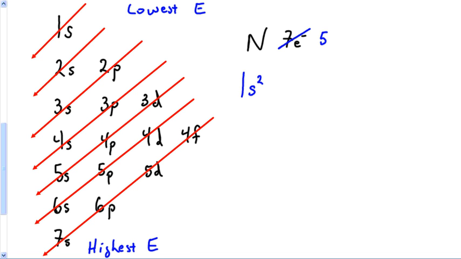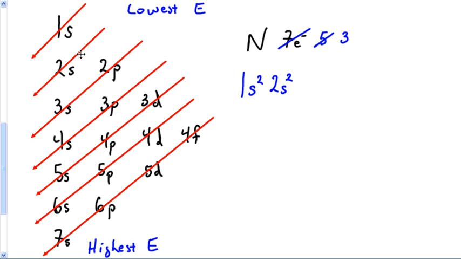After 1s comes, according to this chart, 2s. A 2s, other than being a larger version of an s orbital, is an s orbital, which means it can only hold 2 electrons. So that leaves us with 3 electrons. And we keep following. After 2s, come back here.